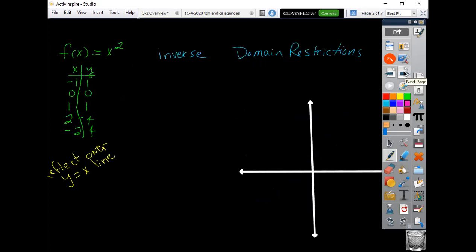And then they ask on this one too, if we have x squared, and I have this table already kind of sketched out for you, -1, 1, you've got a parabola here, basically 0, 0, 1, 1, and if you go out here to your 2, 4, and your -2, 4. And then the question on this one becomes, when you reflect it over the y equals x line, what happens there?